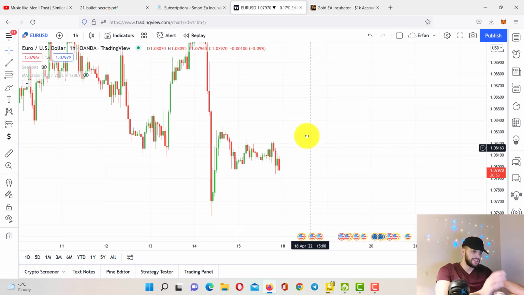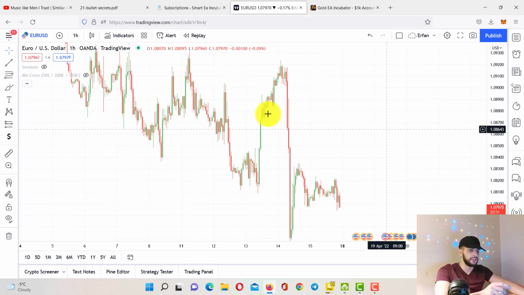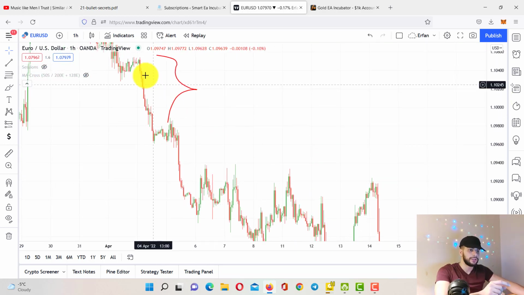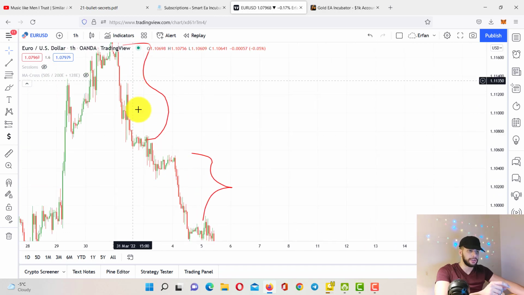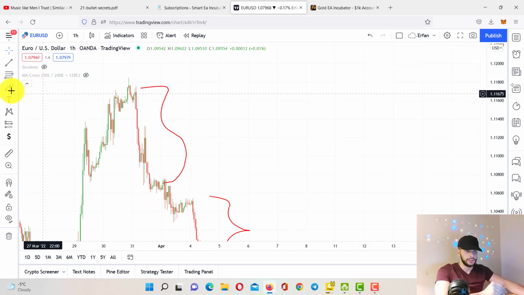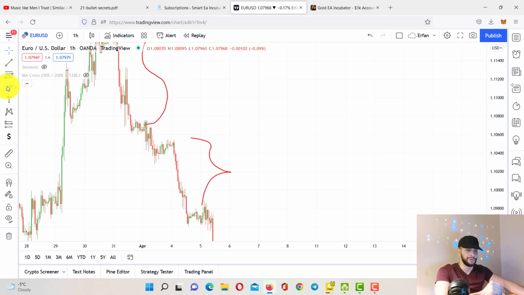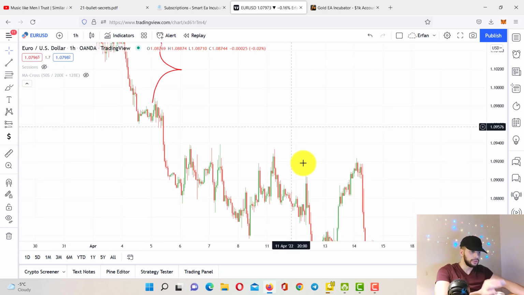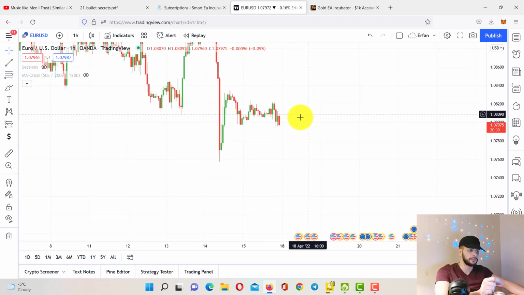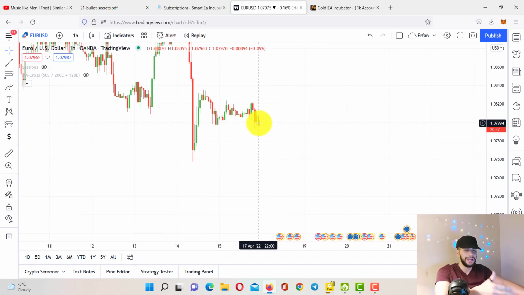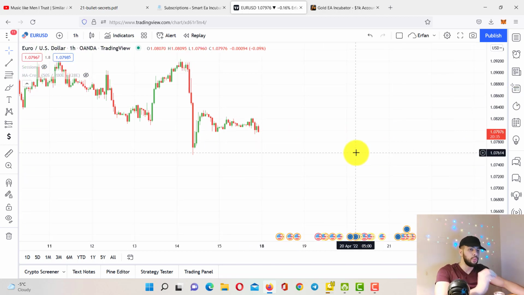So the price has to go up eventually to fill in all these gaps, plus all these gaps right here that I just drew with my brush. There are so many gaps above the current price, and it has to eventually go up, but we don't know when exactly.